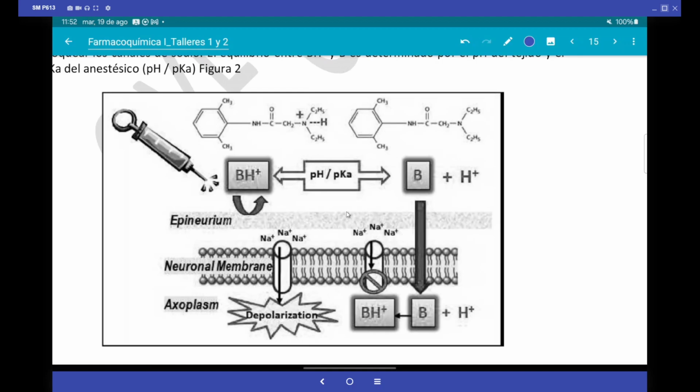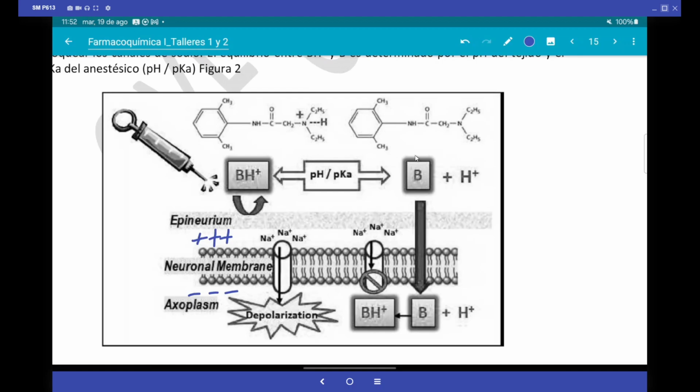Remember that the neuronal membrane on the outside is positive, and on the inside negative, in the basal state. Then, with depolarization of the membrane, the cations enter massively, and an inversion of this capacitor is produced. That is, it becomes negative outside and positive inside, and the sodium travels through the sodium channels.